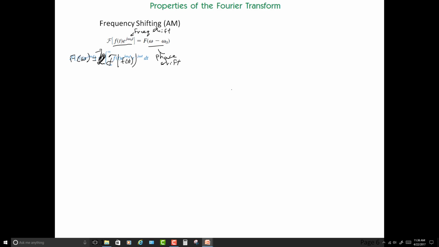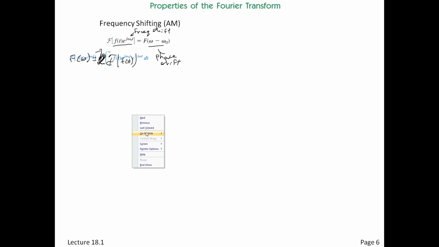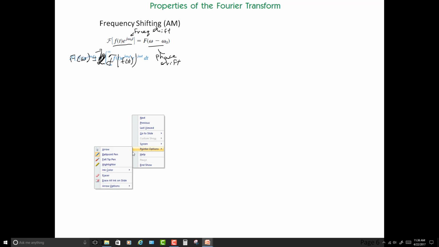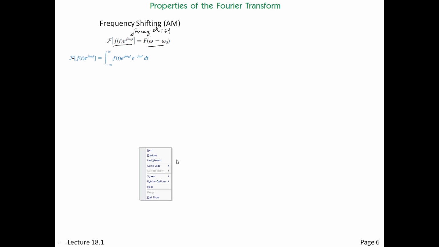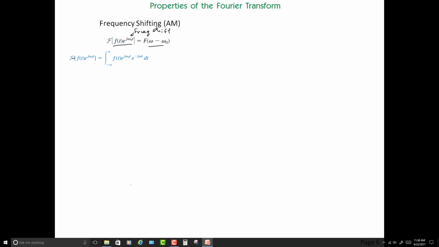Let's take a little closer look. Oh boy. All right, let me get my eraser going here, which I seldom get to do. So frequency shifting in the time domain results in phase shifting in the frequency domain, okay? And here we have that. We're just going through the math steps of this now.